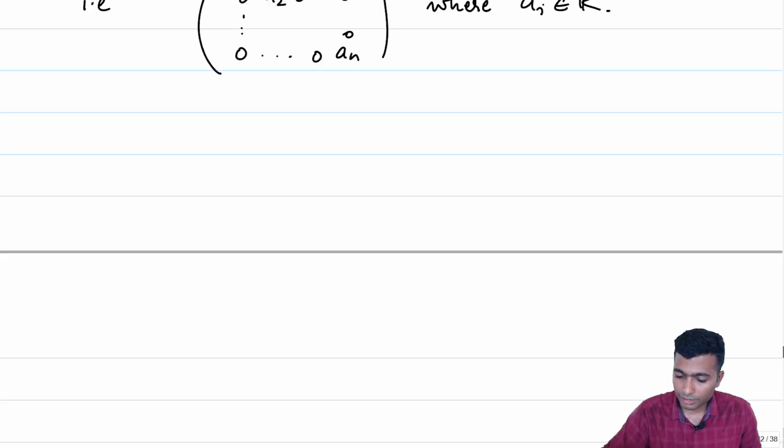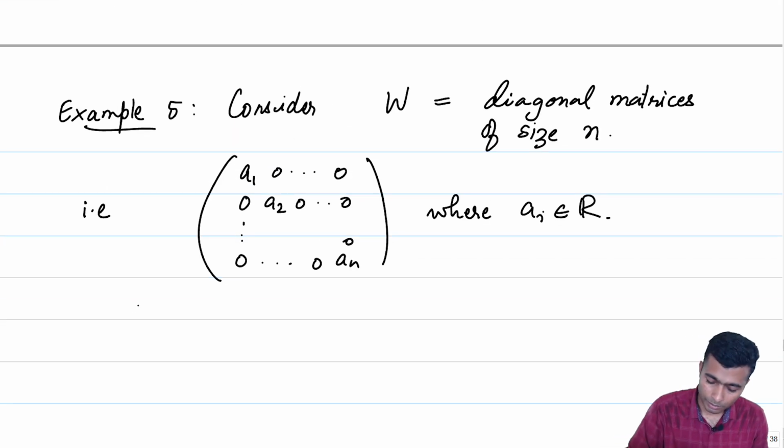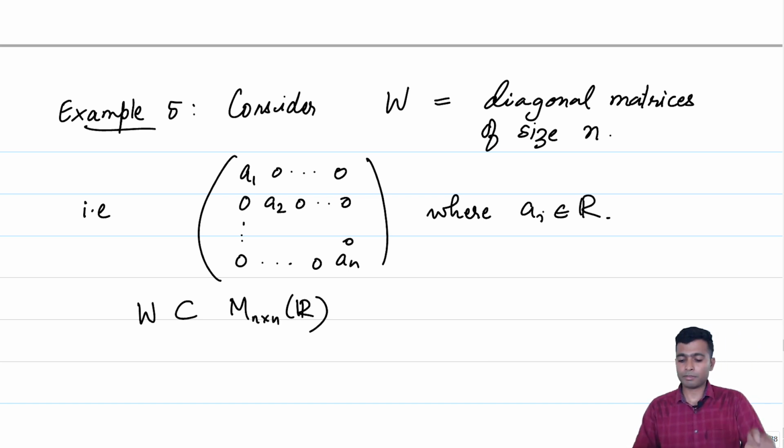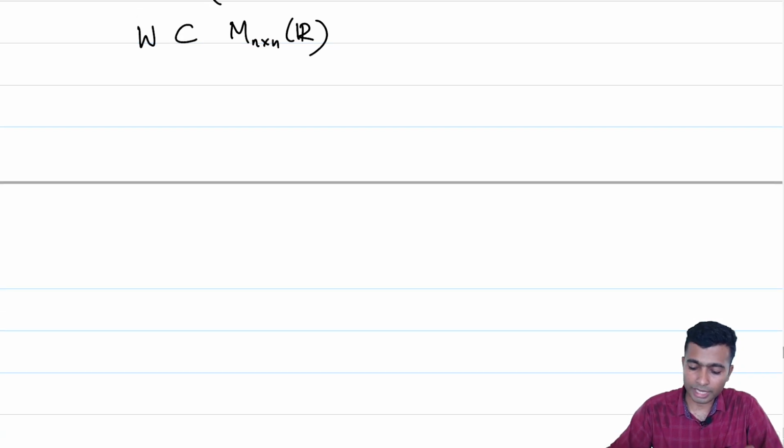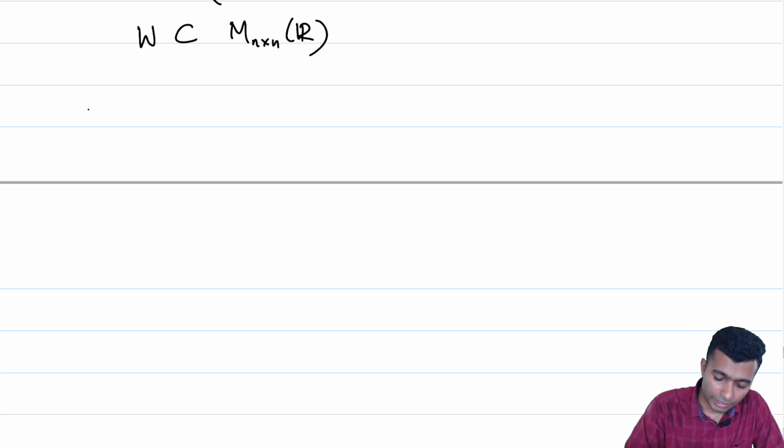So, where is this sitting inside? Notice that W is sitting inside M n cross n of R. Sometimes M n cross n of R is written as M n of R. The n cross n is just abbreviated to n if m is equal to n. I will leave it as an exercise for you to check that W is a subspace.